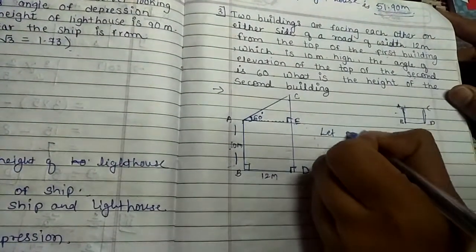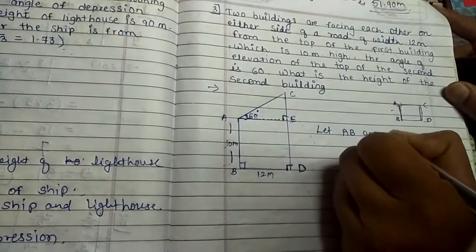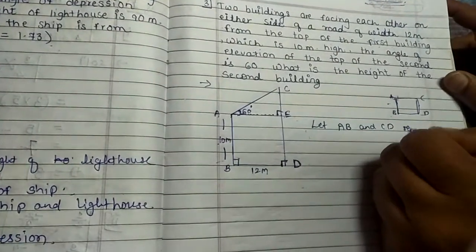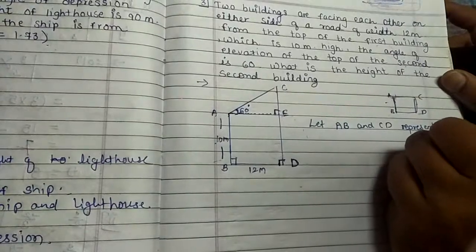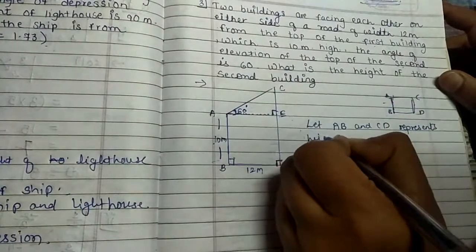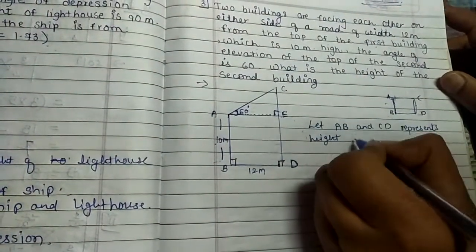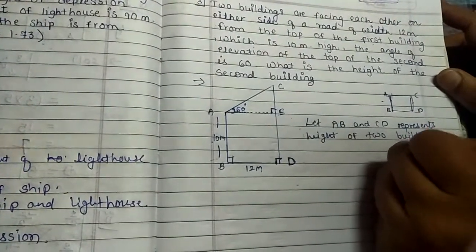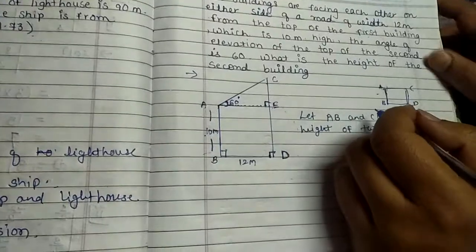Let AB and CD represent the heights of two buildings.